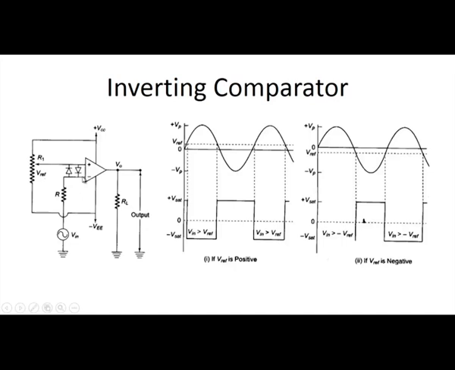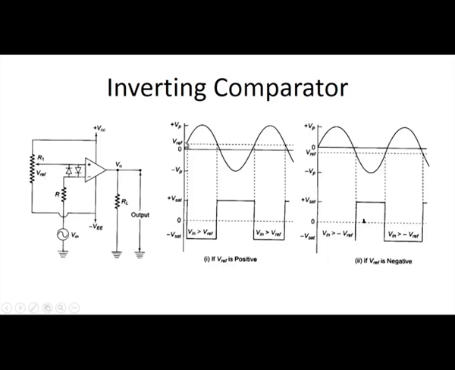And we know that according to the comparator function, if the voltage at the positive terminal is higher, it gives a positive V saturation. If the voltage at the negative terminal is higher, then the output will be a negative V saturation value. Whether the reference voltage is a positive value or a negative value, this is the output.